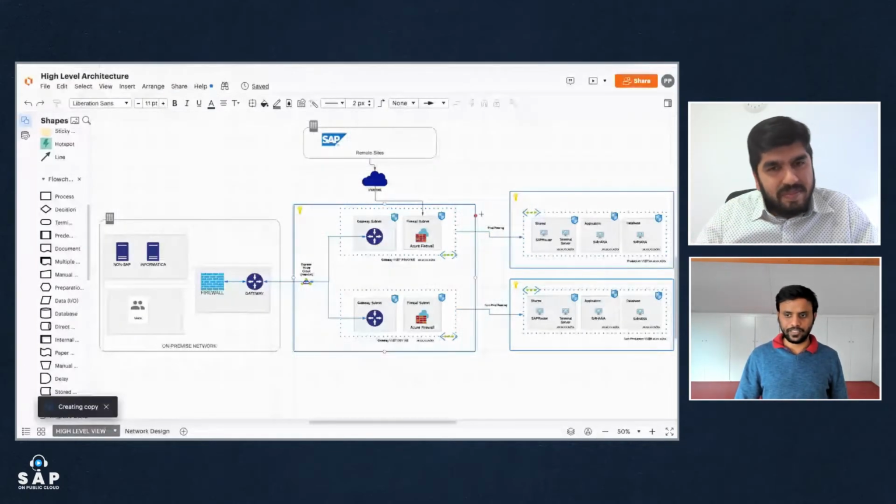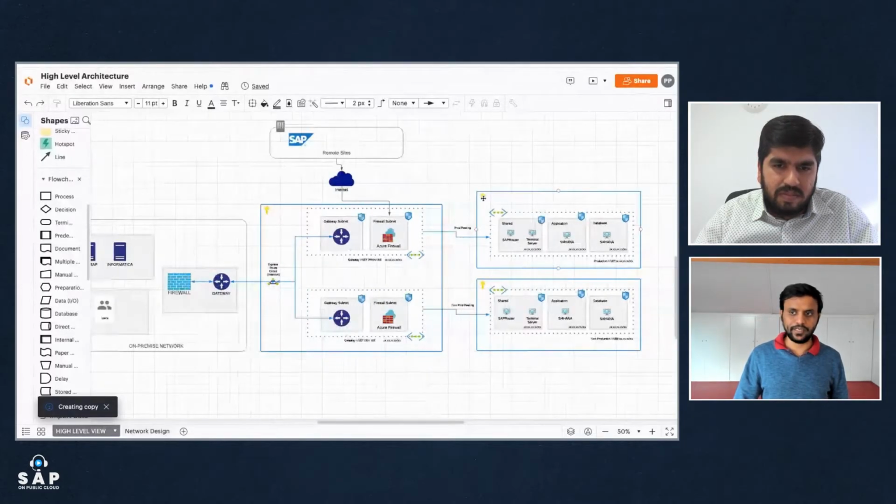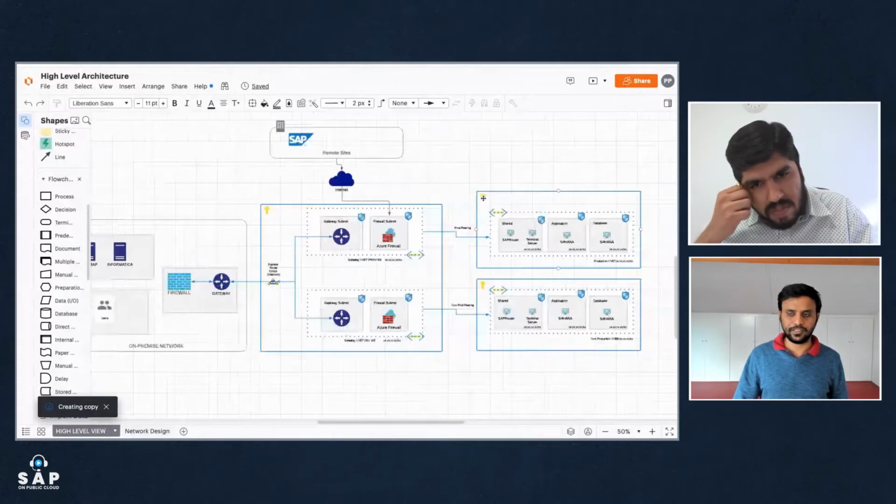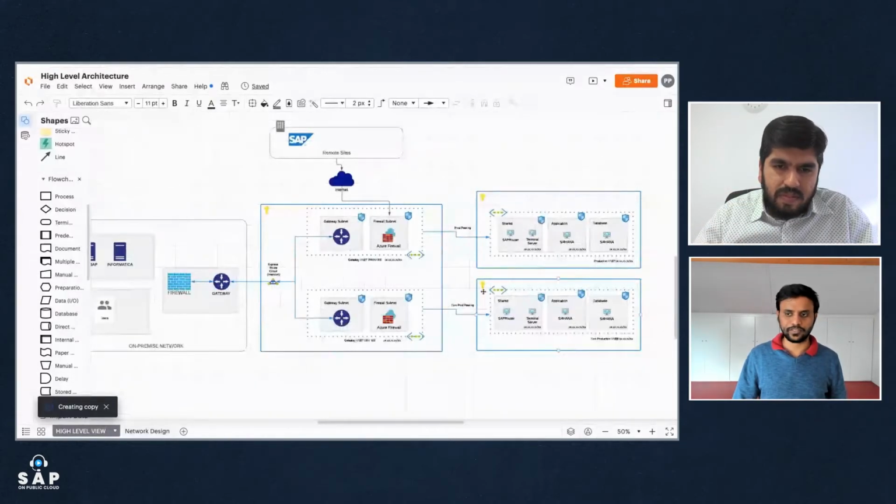Let's take an example where the customer already has the hub VNet. They are already using it for various other purposes. In that kind of situation, what immediate steps do they take when it comes to networking, when they have to onboard their SAP systems on Azure? Do they need a dedicated subscription for each of production and non-production?